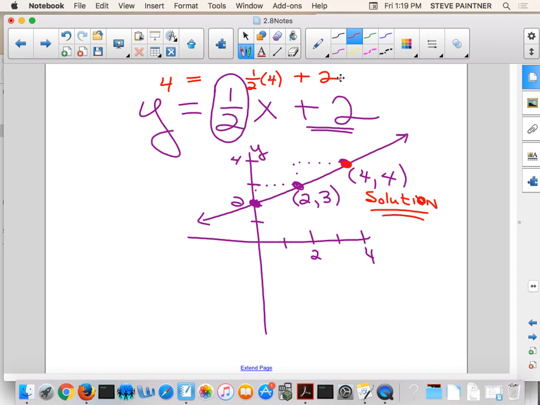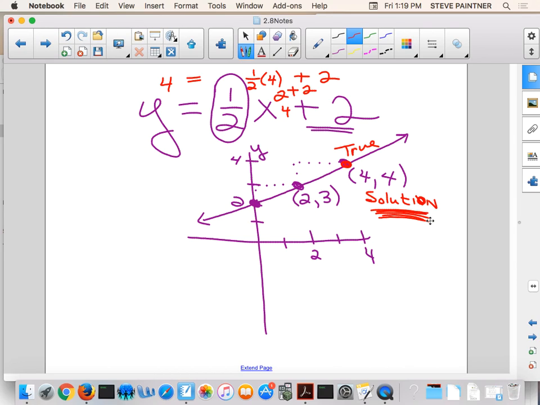Okay, what is 1/2 of 4? Oh, no, 2 plus 2 is 4. So 4 equals 4. True or false? True. The second you say this point is true, you have a what? You have a solution. So every solution to that equation is a point on the line. That's why there's a million solutions.